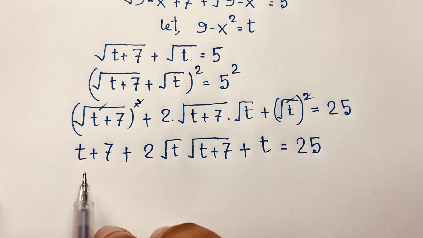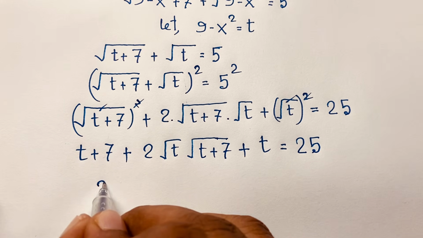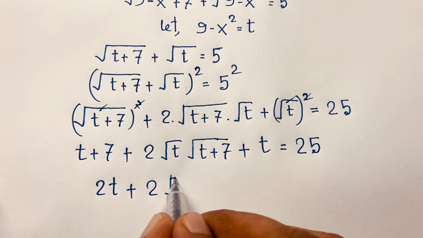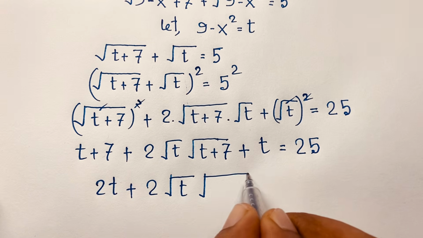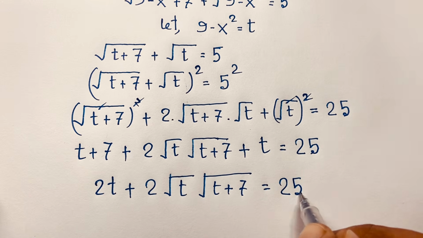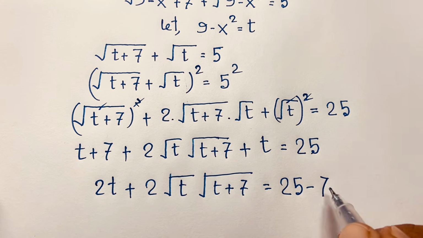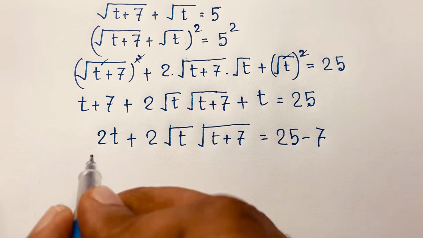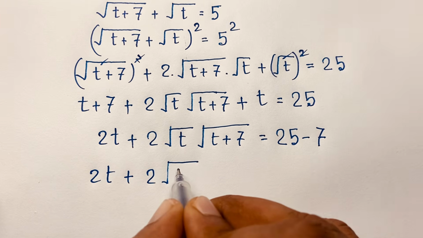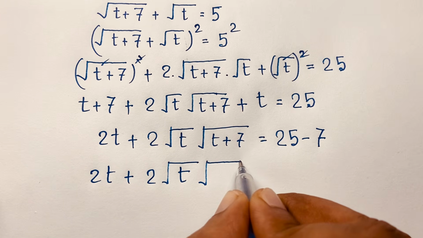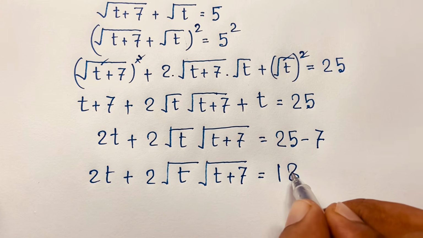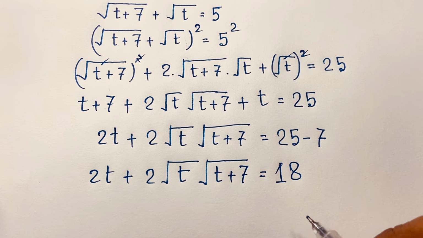Then you can say that this t plus this t will be 2t, plus 2 square root of t times square root of t plus 7, is equal to 25 minus this 7. If I move on this side, it will be negative 7. Now this is 2t plus 2 times square root of t times square root of t plus 7, and here is 18, since 25 minus 7 is 18.